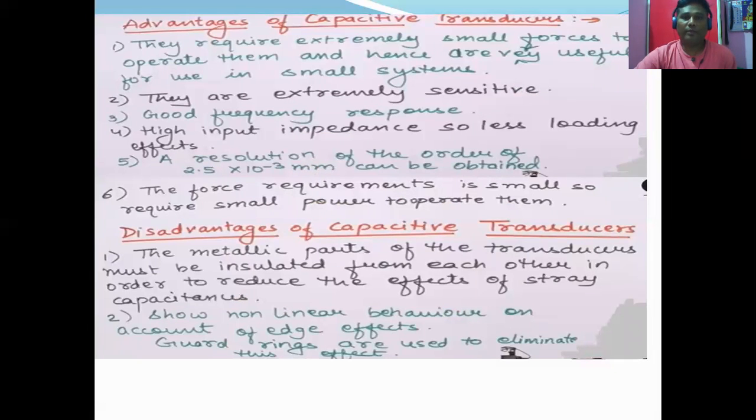What are the advantages of capacitive transducers? The first point: they require an extremely small force to operate them, and hence they are very useful in small systems. The second is that they are extremely sensitive, because they depend upon the physical quantities.